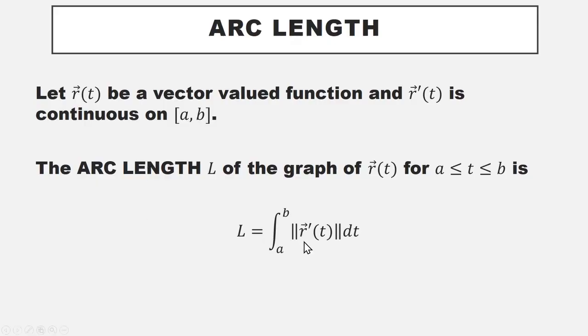So we take our vector valued function, take the derivative, take the magnitude of that, and integrate it from a to b. By the way, the magnitude means that we're going to be calculating a single function, a real function here. So when I integrate, I'm going to get out a real number as long as I can integrate it. So arc length is given by integrating from a to b the magnitude of the derivative.